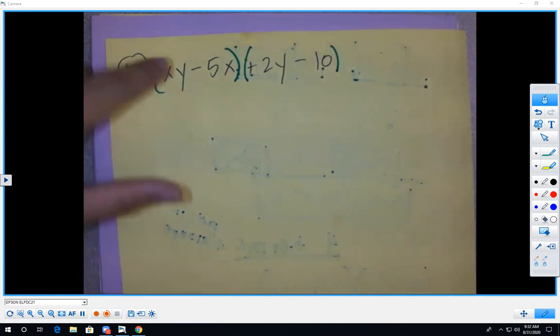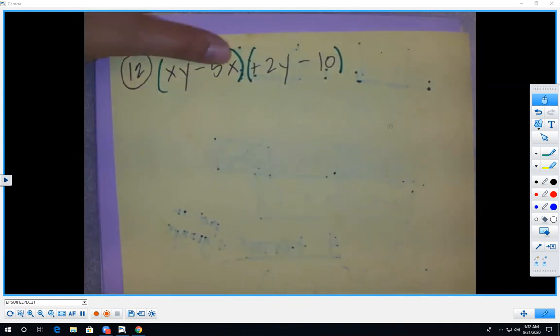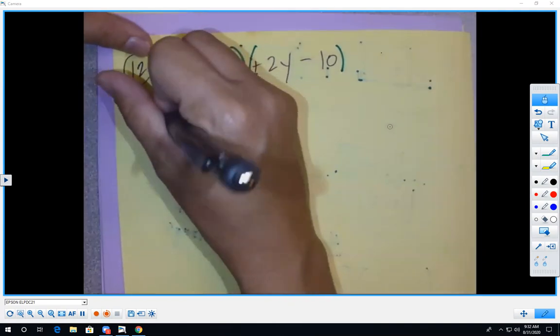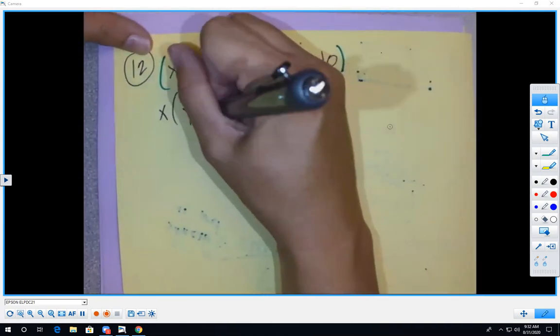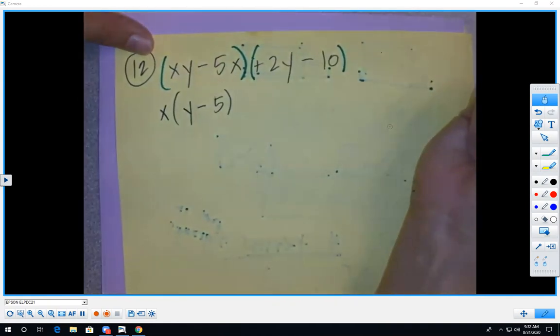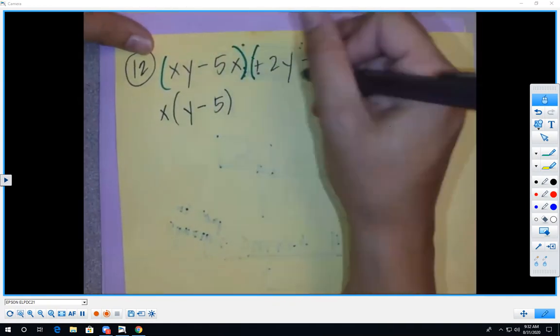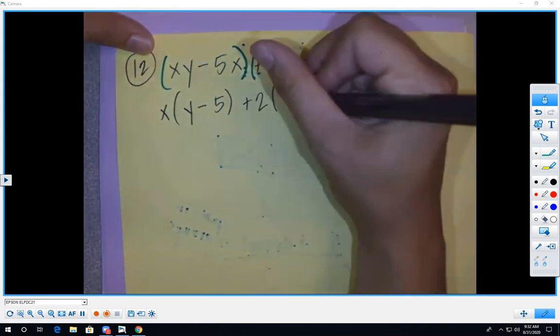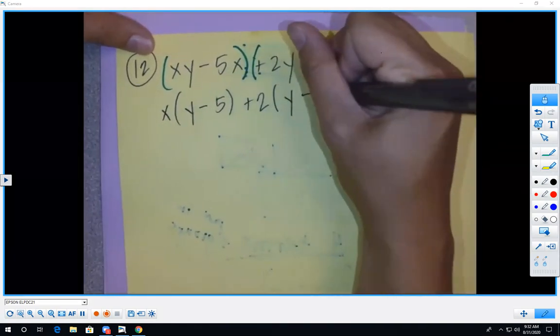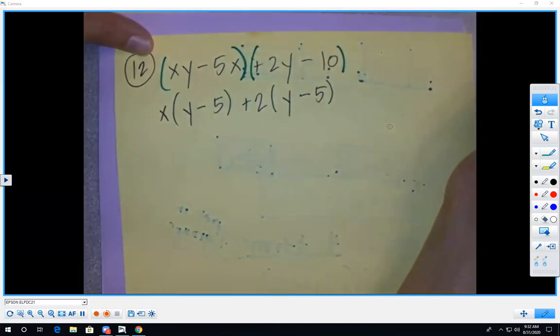Okay, so the greatest common factor of xy minus 5x has an x in common. Left over is y minus 5. The second set has a positive 2 in common. Left over is y minus 5, right?